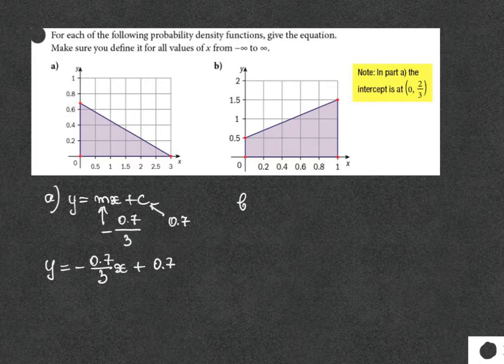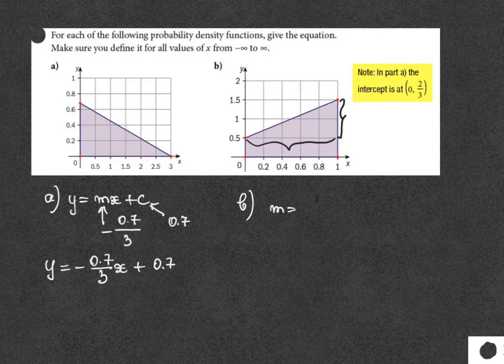In question B, it's also a line with a gradient. I can take for the gradient this as a rise and this as a run. So the gradient is 1.